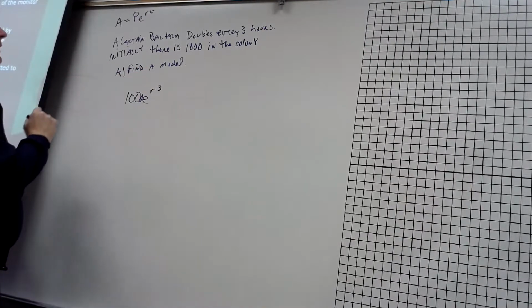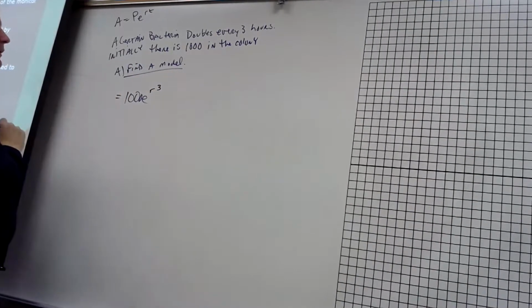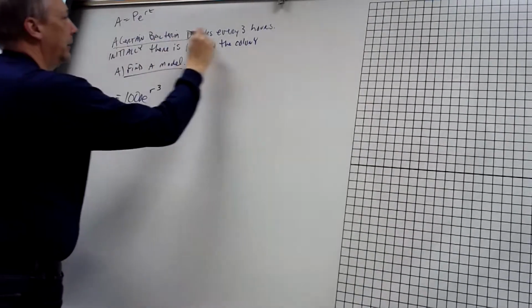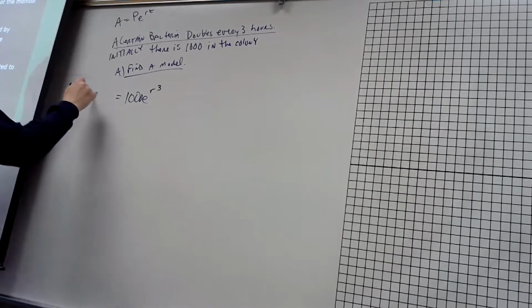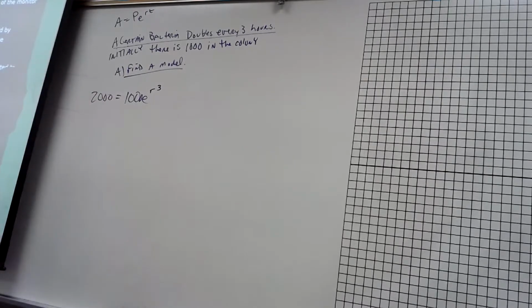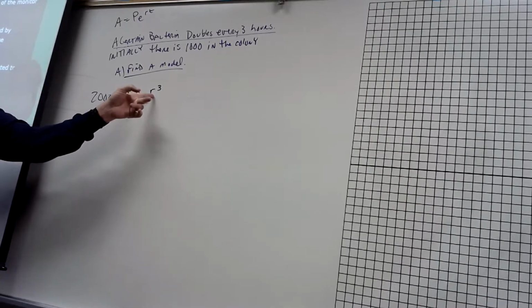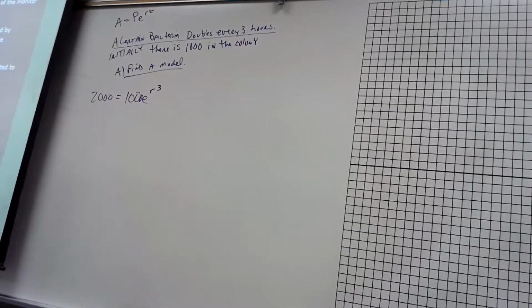And it says find a model. So all we know is a certain bacteria doubles every 3 hours. So in 3 hours, how many bacteria do you have? You're gonna have 2,000, right? Because it doubles. Now, this is not a function, but it's gonna help us figure out what the rate is. So how would we solve that, Natalie?